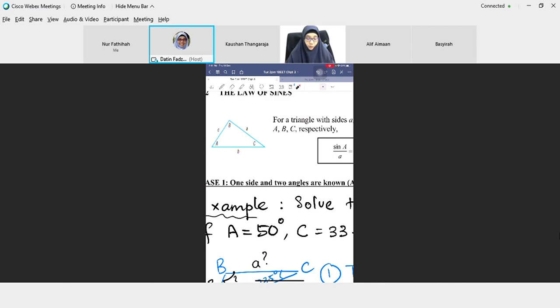Usually this is how we label our diagram.